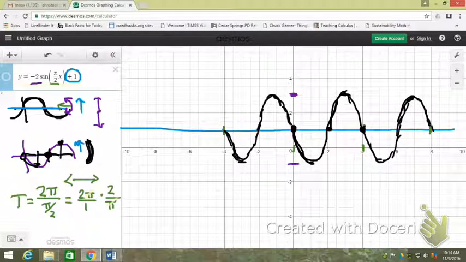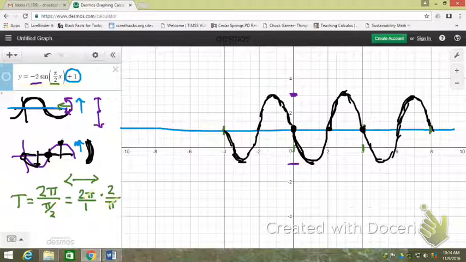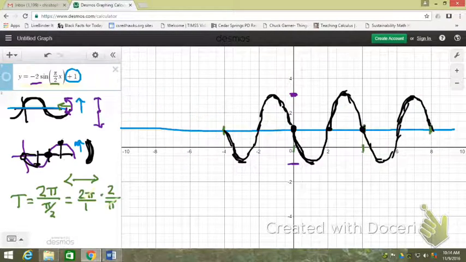You know what I mean? Check it out. And again, check it out. Looks the same, and that tells me I've done a good job. I was able to make sense of each thing one step at a time and create a pretty good quality sketch of what this graph looks like.